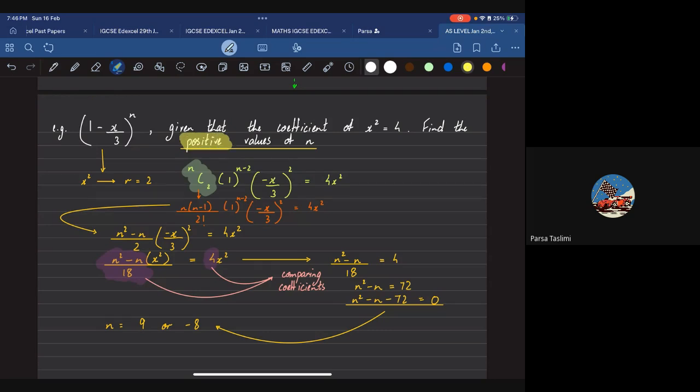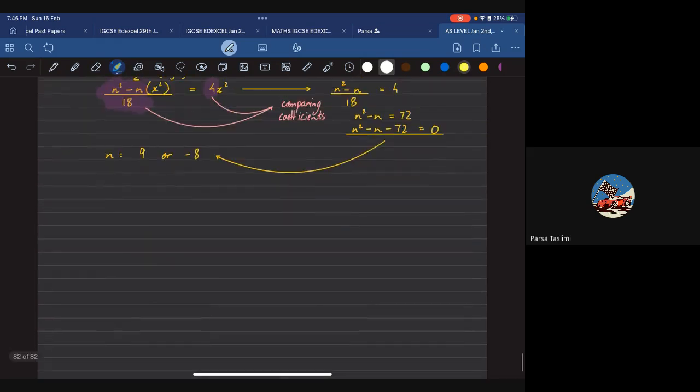So we cannot pick the other one. Clear? That is why this one is rejected, it's not applicable, and this one will be your answer.